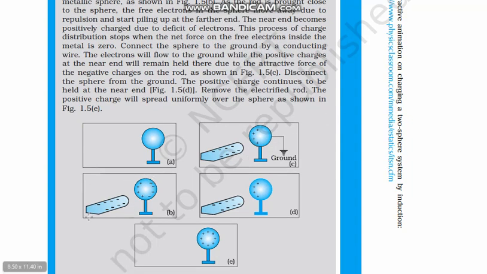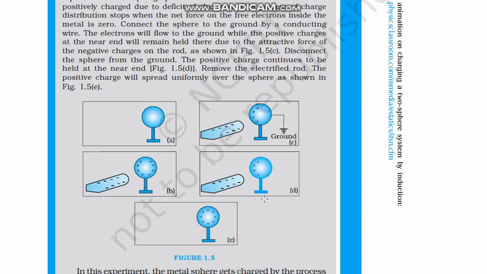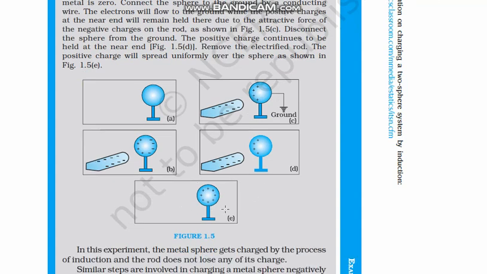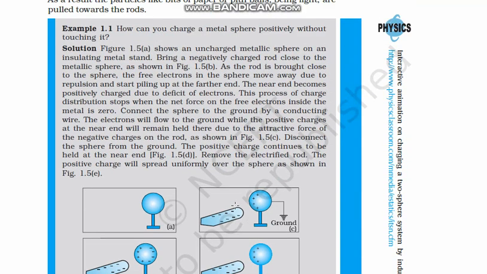Third, you are bringing an object which is negatively charged, and positive charge comes on this side and negative charge comes on this side. You are bringing this negative rod and this side becomes positive, this side becomes not charged, and fifth, it all becomes positively charged.